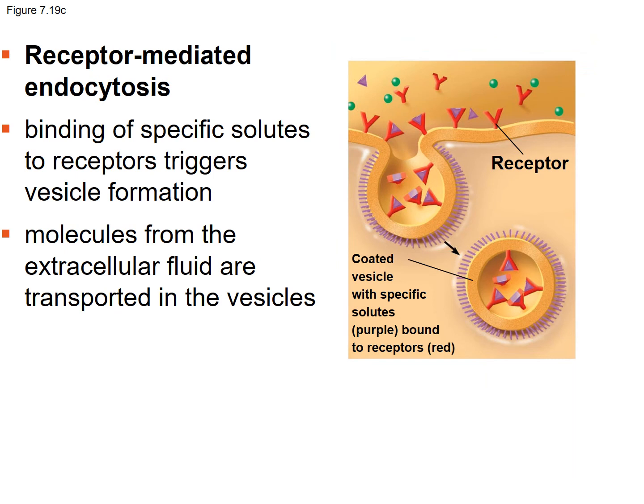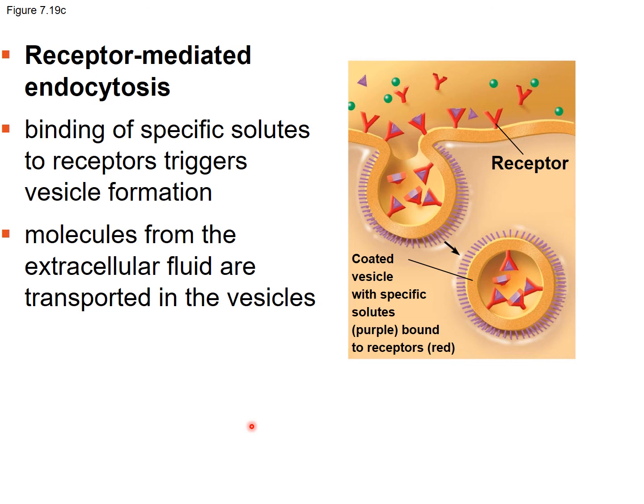Receptor-mediated endocytosis is very similar to pinocytosis, except a receptor is required. So here we've got this little red receptor that looks like it's shaped like a Y. So it has a special shape. So the only thing that can bind to it is whatever fits in that little V part right there. So these little purple triangles fit in that. So those are what's called the ligand.